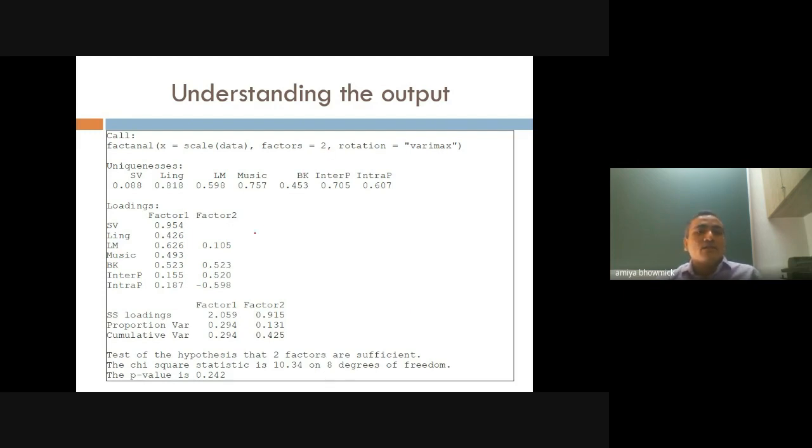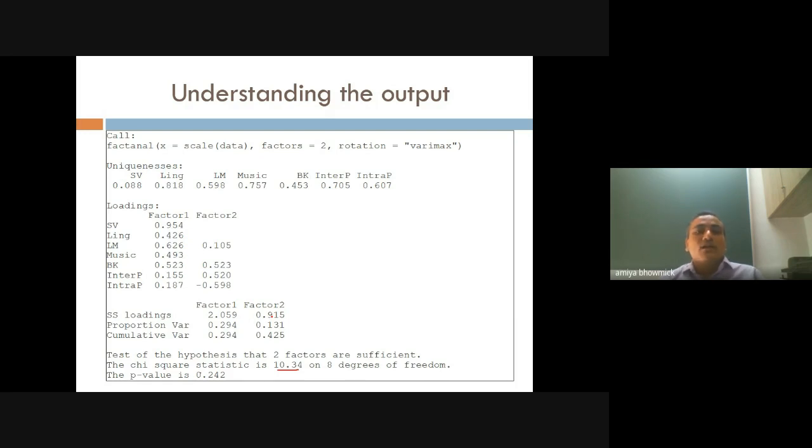It says the test of the hypothesis that 2 factors are sufficient: the chi-square is 10.34 at 8 degrees of freedom, and the p-value is 0.242. So the null hypothesis is whether 2 factors are sufficient, and the answer is that 2 factors are sufficient in this case.